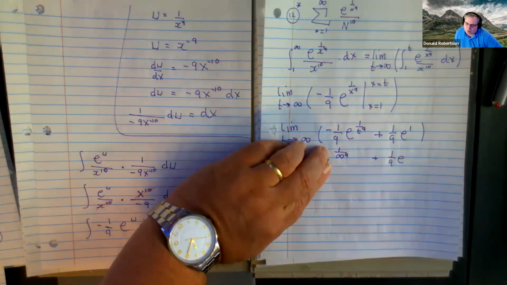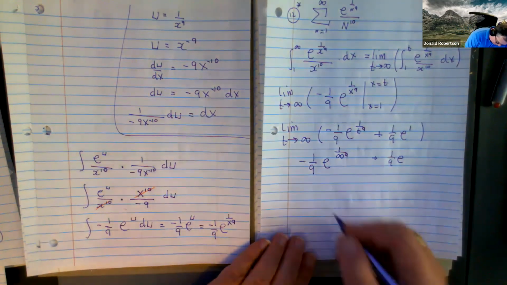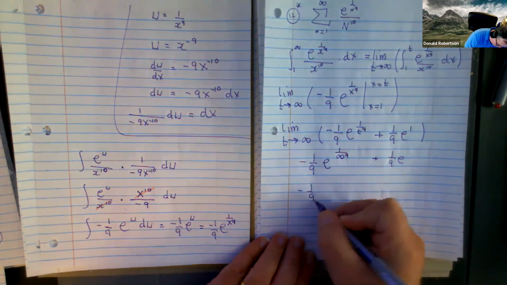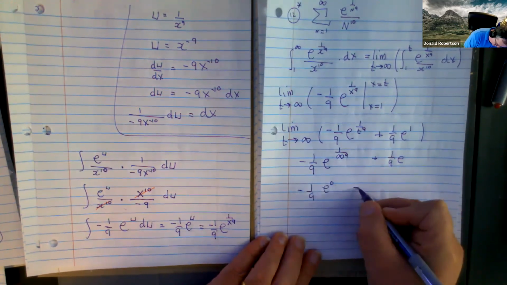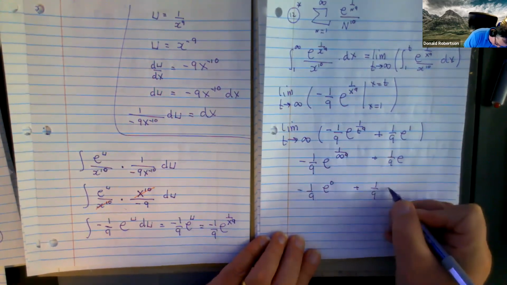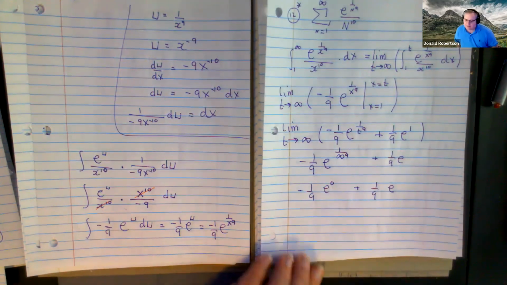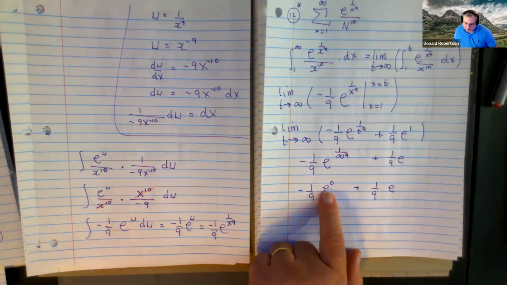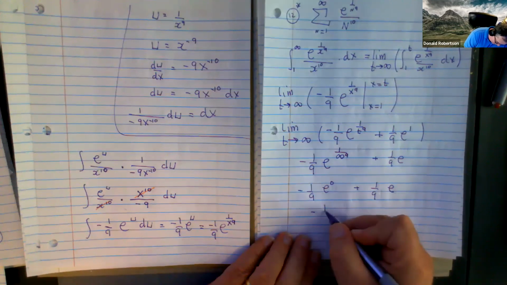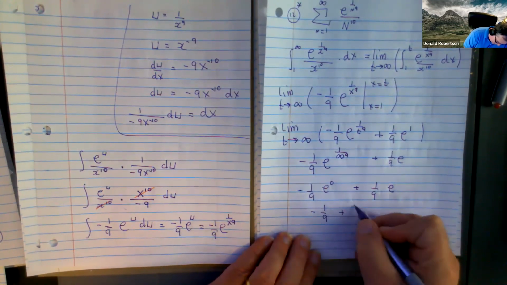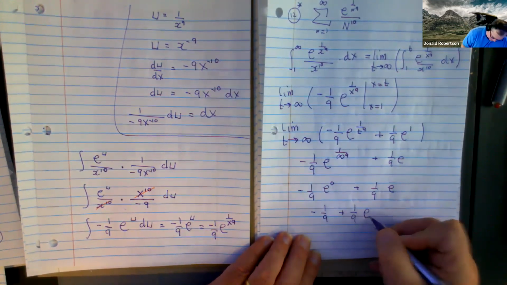What number is 1 over infinity to the power of 9? Actually, 1 over infinity is the same number. What do you get? Big fat 0, I agree. So we get negative 1/9 e to the 0 add 1/9 e. And that's a number. It's 1. So you get negative 1/9 plus 1/9 e.